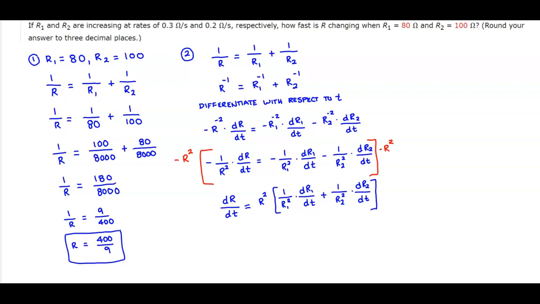Okay, so now we can write in the given information. From step number 1, we know that R is equal to 400 over 9. So we have dR over dt, and R squared means we take 400 squared over 9 squared.